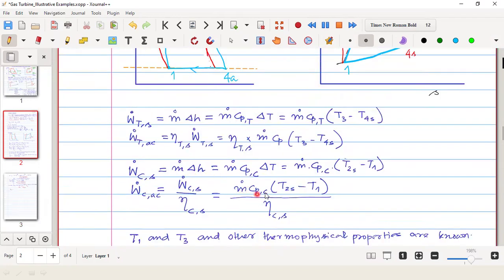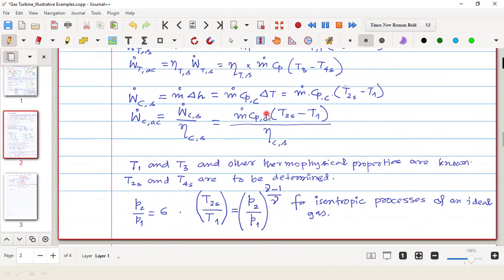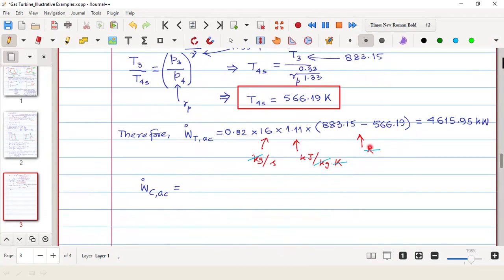So isentropic: m dot 16 multiplied by Cp. Cp is 1.005 for the compressor, and this is T2S.